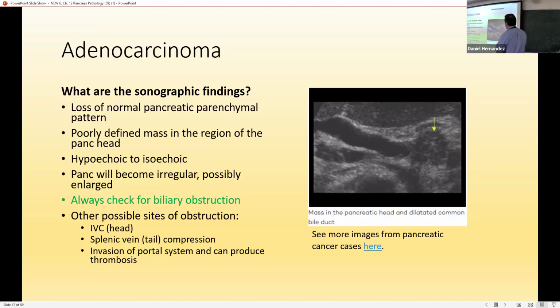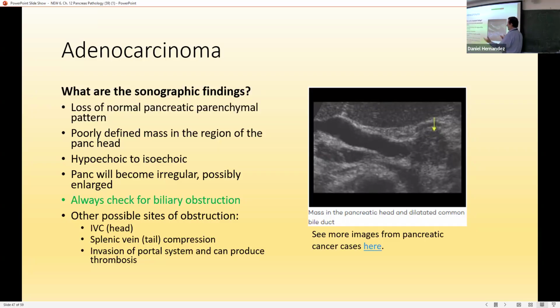So the mass itself, we get loss of the normal pancreatic tissue patterns. The masses can be poorly defined in the region of the head, so it might be hard to get good visualization of the borders. They tend to be darker than the surrounding pancreatic tissue, particularly because this doesn't typically happen in children or younger populations.